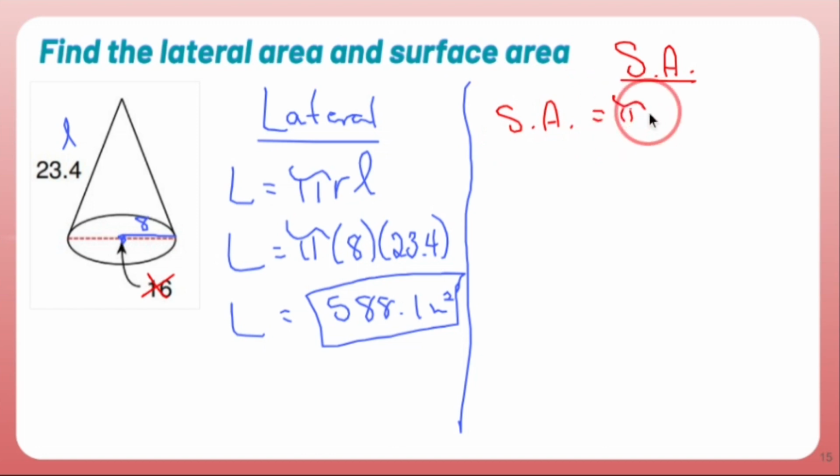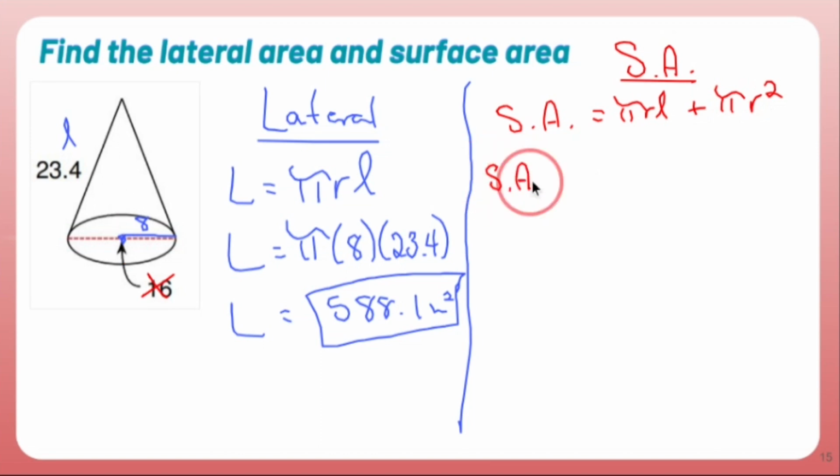So pi r slant height plus the area of one circle. And the area of a circle is pi r squared. So fortunately, I didn't have to worry about the height of this cone at all. I thought I was going to, but didn't.